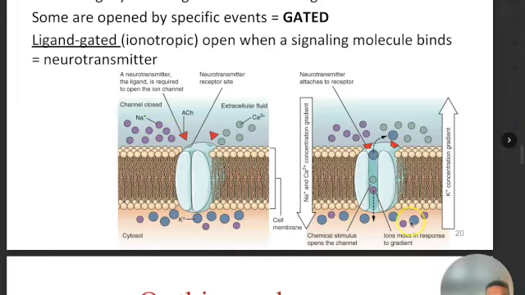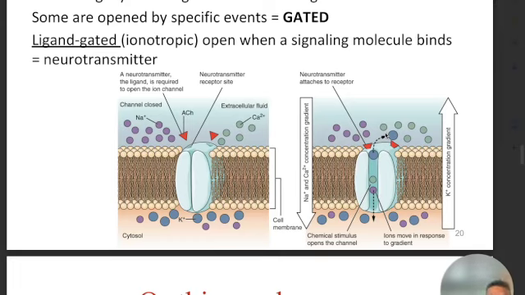Potassium will rush out because it wants to reach homeostasis. Because of that rushing in, the inside of the cell is usually about minus 70 millivolts.